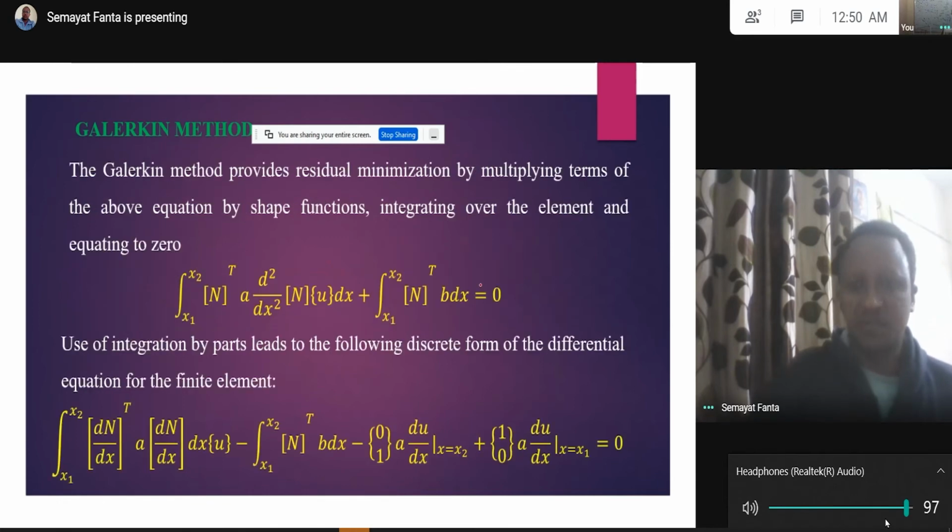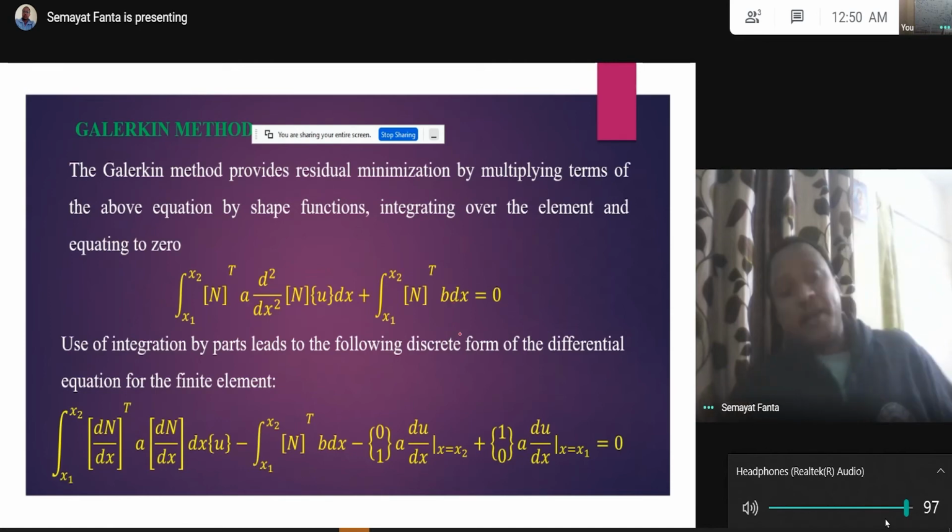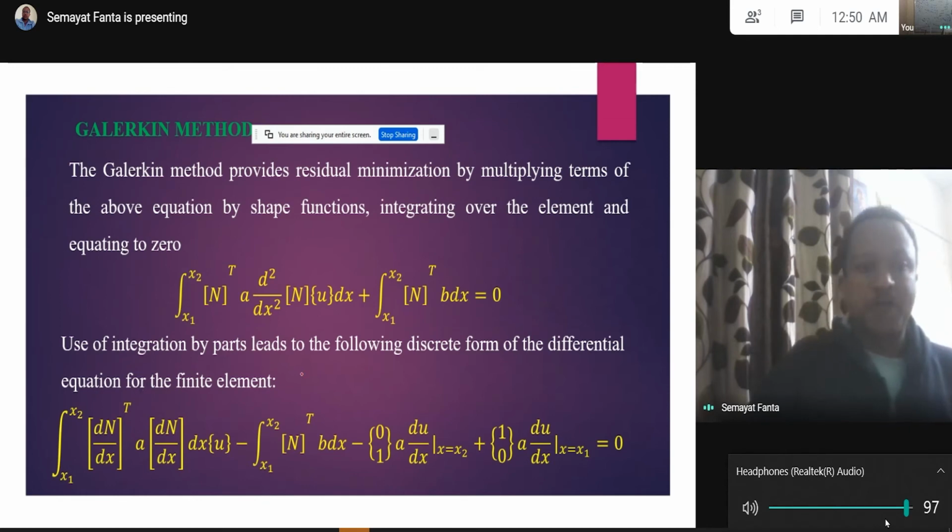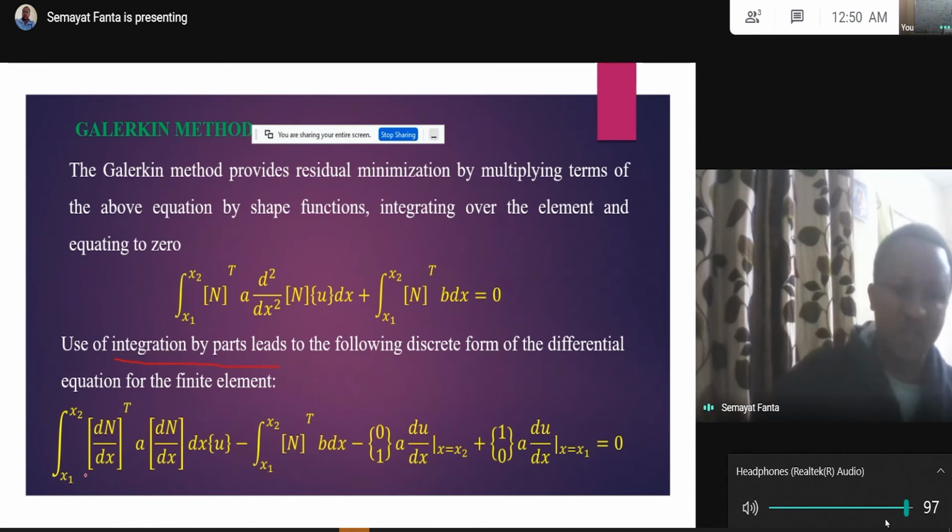So finally we can get this equation. So using integration by parts, after two successive integrations, finally we get this equation.